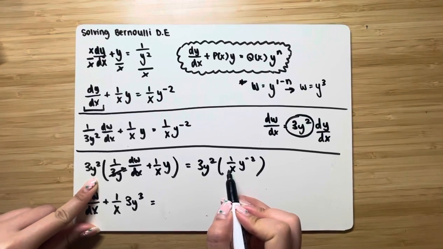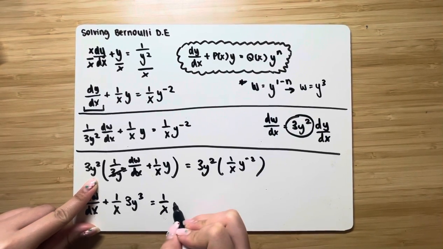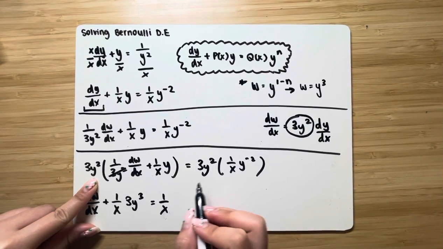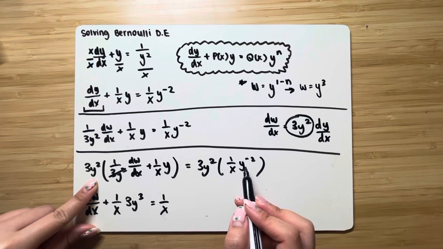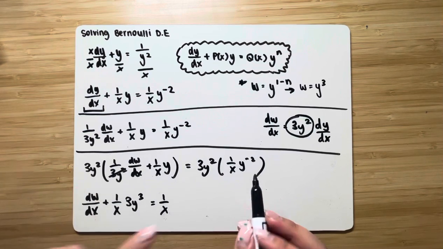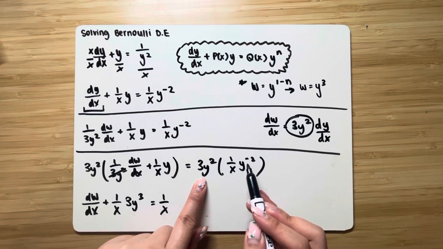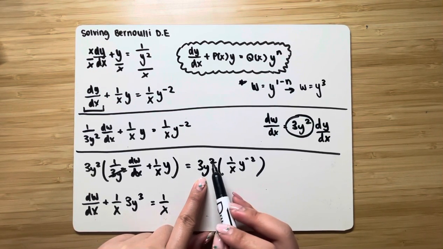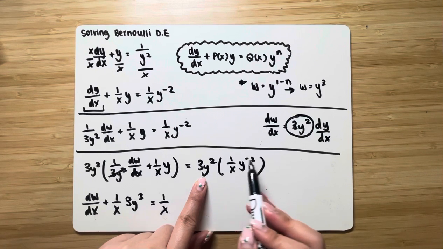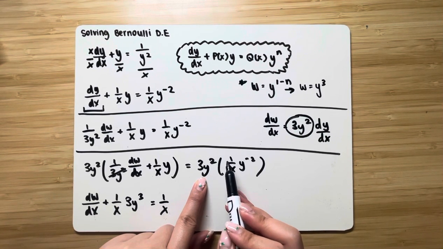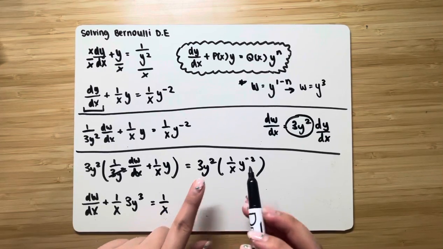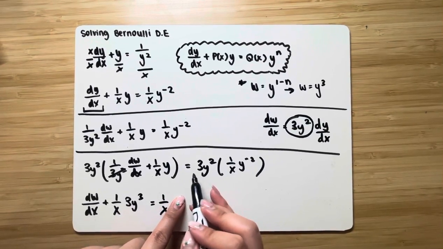Distribute this, you get 1 over x times y squared plus negative, okay, y squared times y to the negative 2 is the same as you add the exponent, so 2 added with negative 2 is 0, so you're left with only the constant, which is 3.